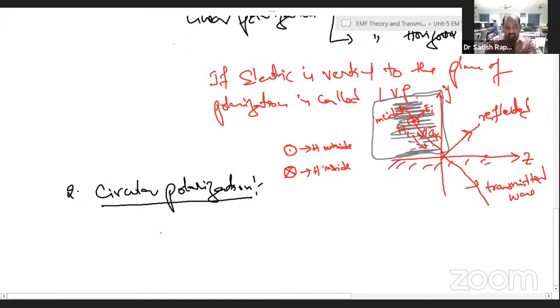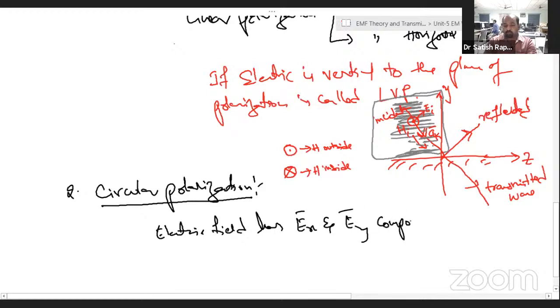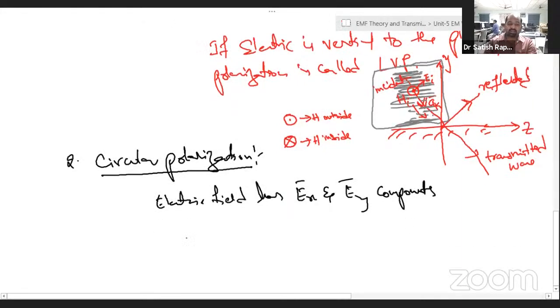As we know, the electric field has Ex and Ey components, right?